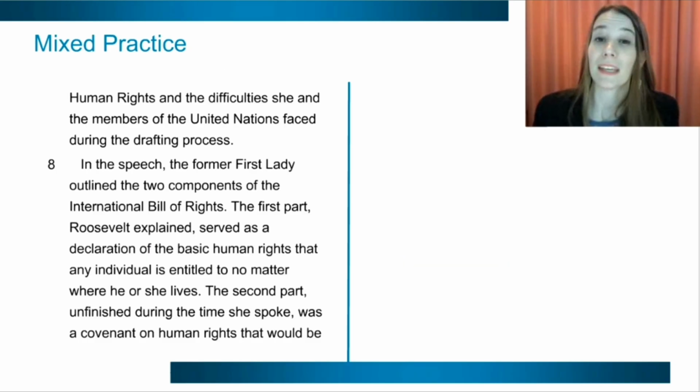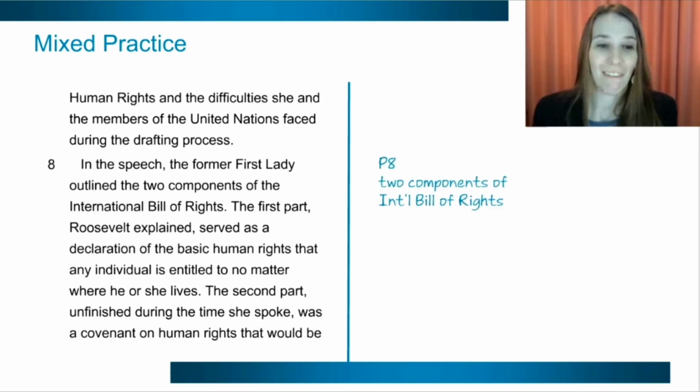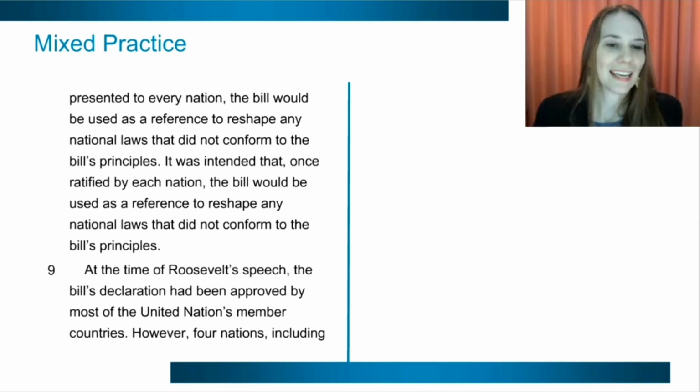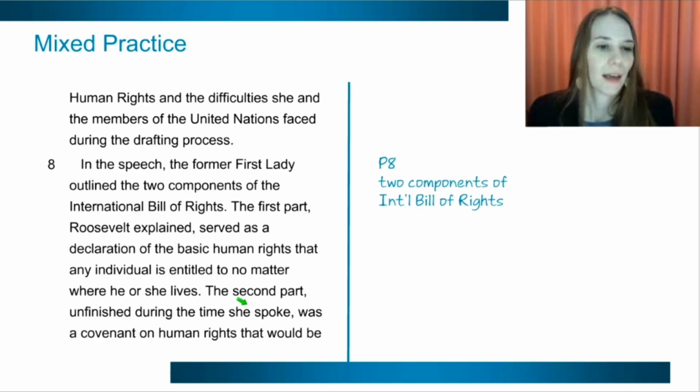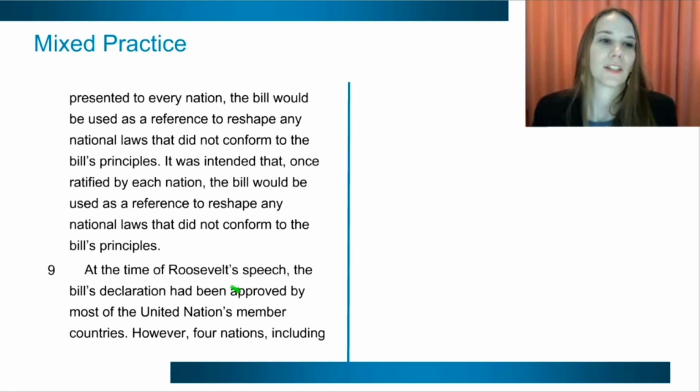Now, what are some of the components of this? What is evidence? And she says there are two components. Here's our first one: basic rights are given to any individual. And the second is that it's unfinished, but that this is going to be presented to every nation.